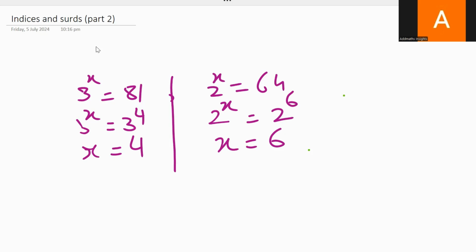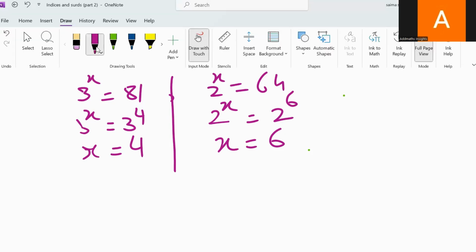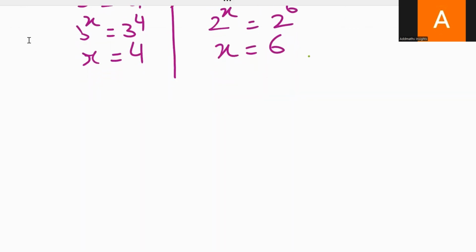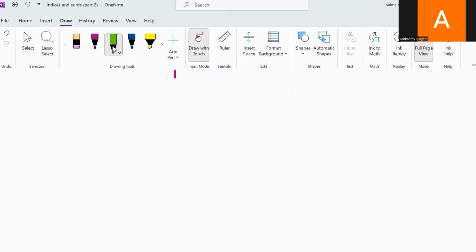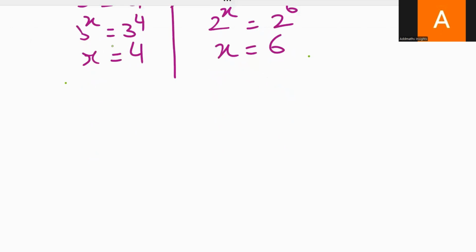For example, question number 1: 3 raised to the power 2x squared is equal to 3 raised to the power 9x plus 5.